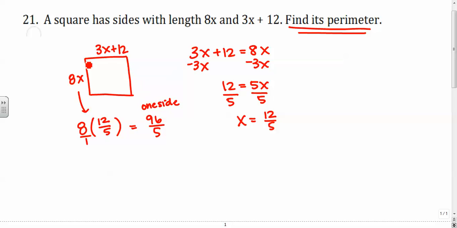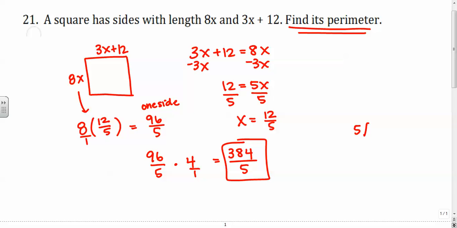Okay. To get all four sides, I could find the 3x plus 12 and then add them all together. But because they're all the same, how about we just take one side and multiply it by 4 to get all four total. So 4 over 1, 96 times 4, I think is 384, and then the denominator is 5, and I'm pretty sure that won't reduce, so that is my solution.